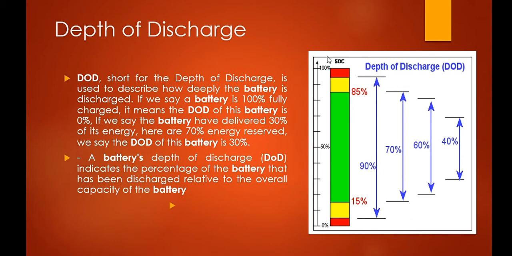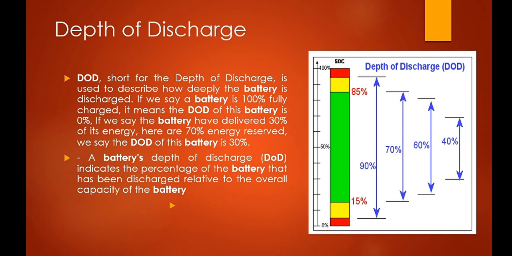For example, overall capacity is 100%, and here we can see 50% depth of discharge is this. Here the depth of discharge is 70%. Here it is 60%. Here it is 40%. If the battery is 100% fully charged, there is no DOD. DOD is 0%.